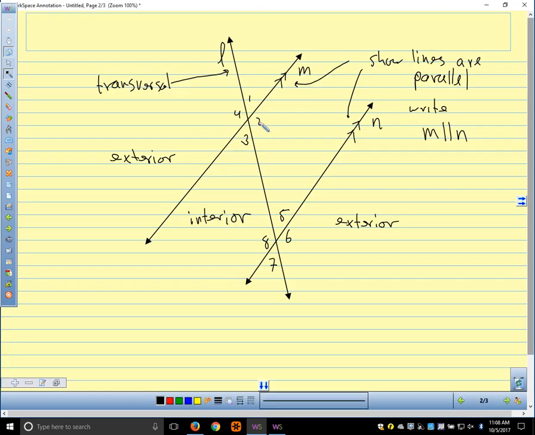So looking at those, 2 and 8, 3 and 5, how would you guess the sizes of those compared? If we look at angle 2 and angle 8, or angle 3 and angle 5, what would you guess? Any guesses? No one wants to guess?